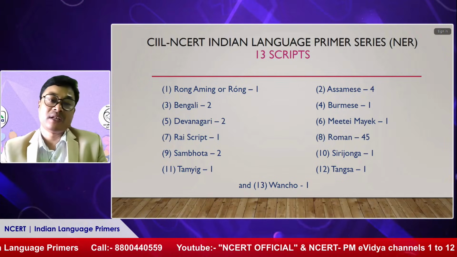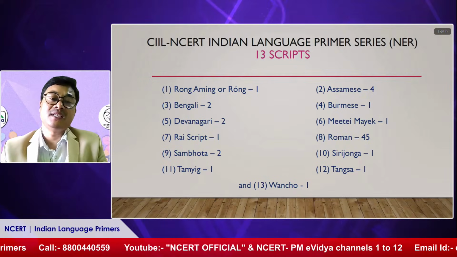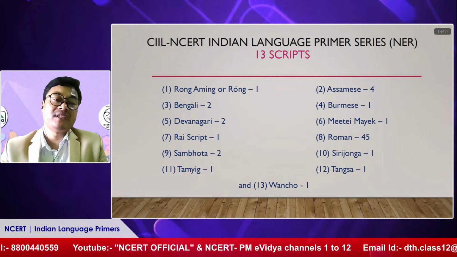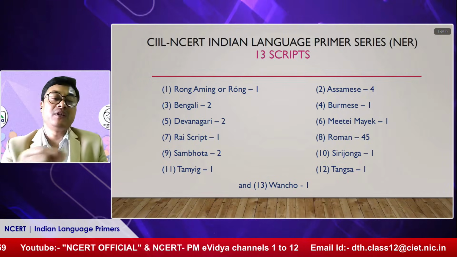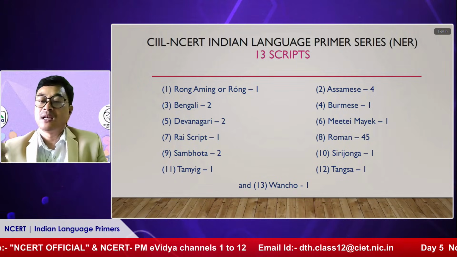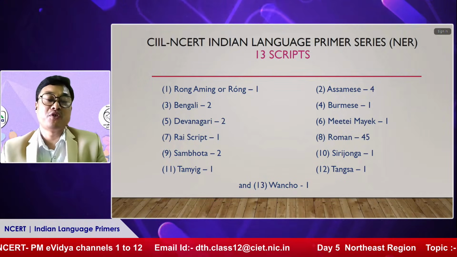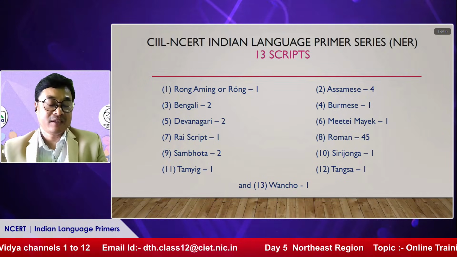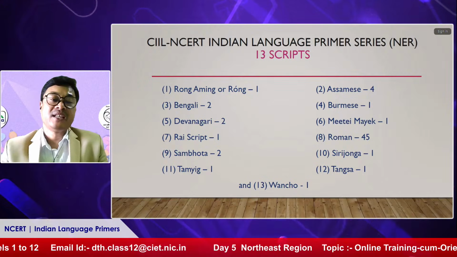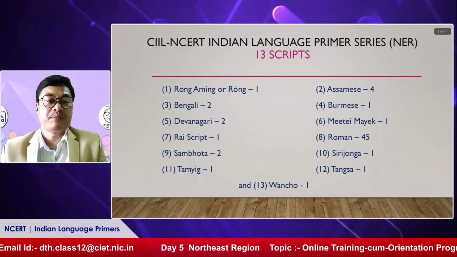Number one, it is called Rong or Lepcha. This is used in writing the Lepcha language from Sikkim, and Bengali is used in writing Vishnupriya Manipuri and Kokborok languages spoken in Tripura and Assam. Then Devanagari is used in writing Boro and Nepali.